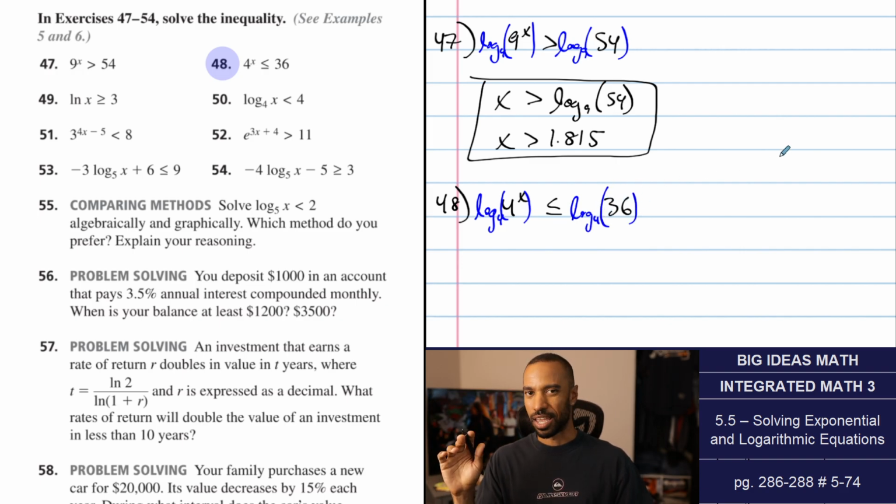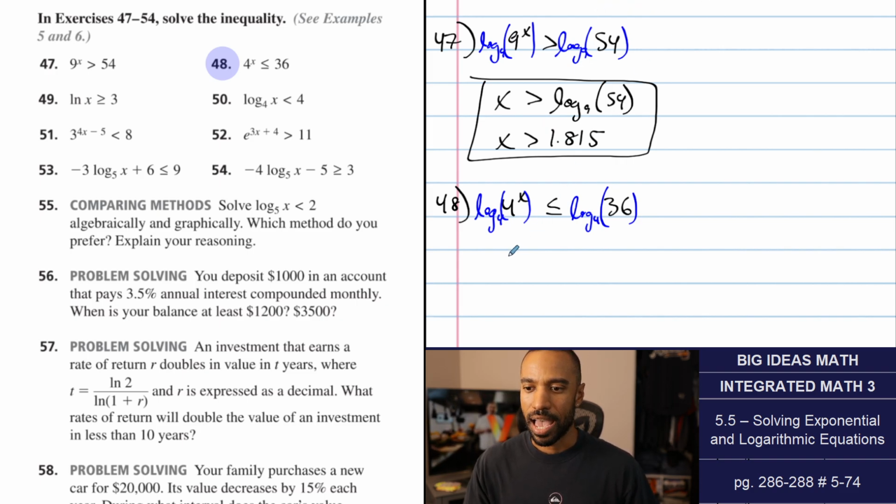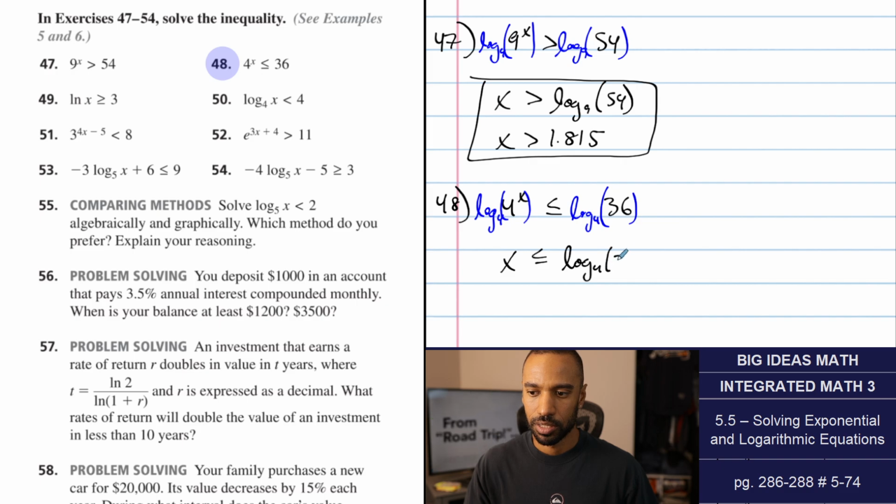So x is going to be less than or equal to this log base 4 of 36. So I got to do log of 36 over log of 4, or natural log, whatever. Log of 36 divided by log of 4 is 2.585.